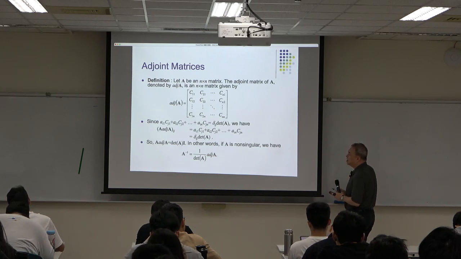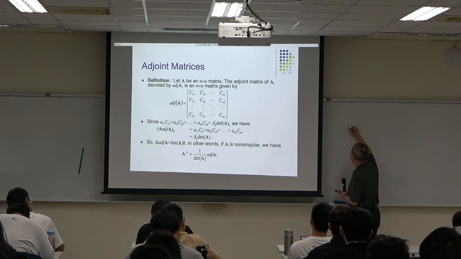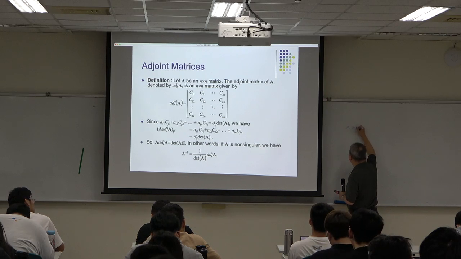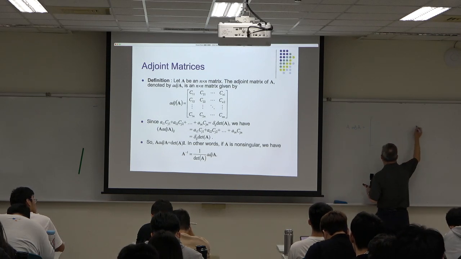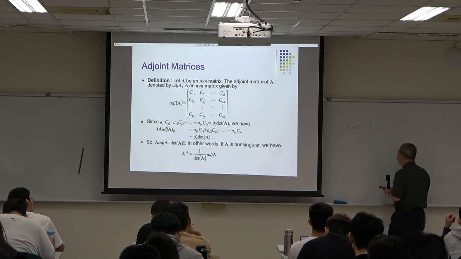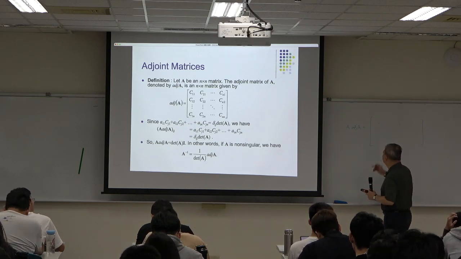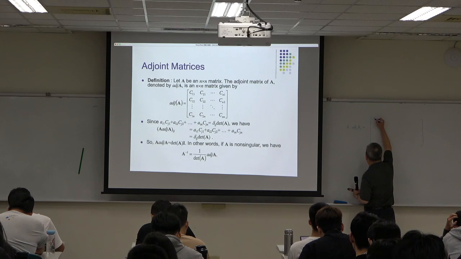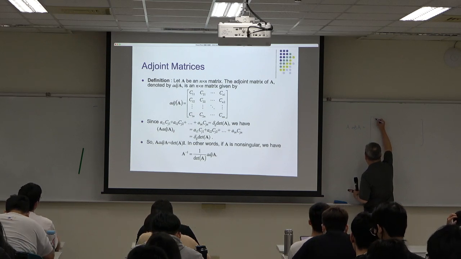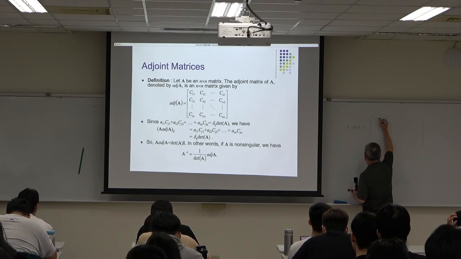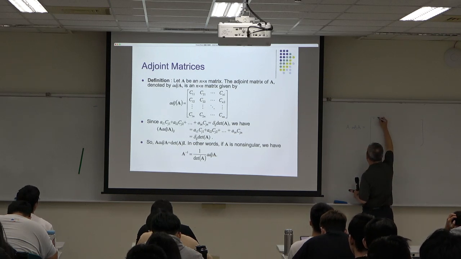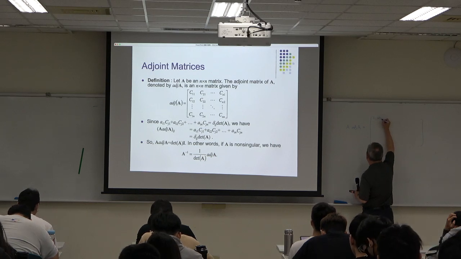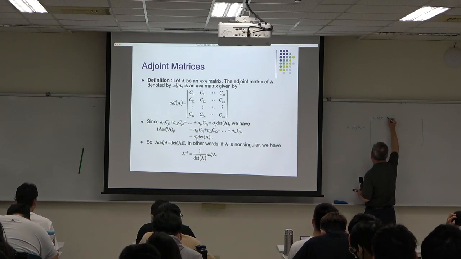Okay, so A times adj A is actually going to be, for every row and every column, a delta. For example, this one is delta 1,1 determinant A. This is delta.